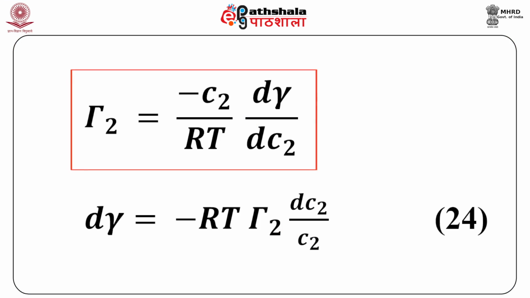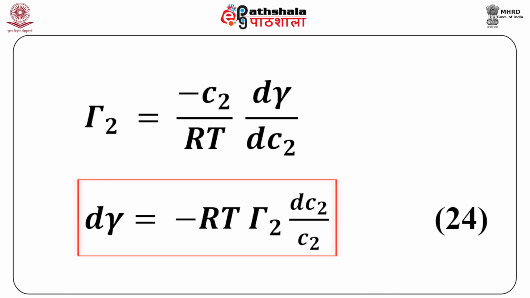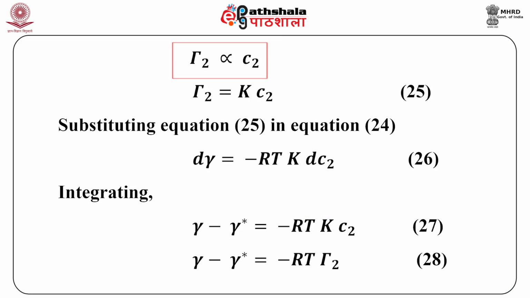The Gibbs adsorption isotherm derived above is given by equation 16 as gamma 2 equals minus C2 by RT into d gamma by dC2, or d gamma equals minus RT times gamma 2 into dC2 by C2, as equation 24. Now, the surface excess concentration is proportional to the bulk concentration, that is, gamma 2 is proportional to C2, or gamma 2 equals K C2, as equation 25.